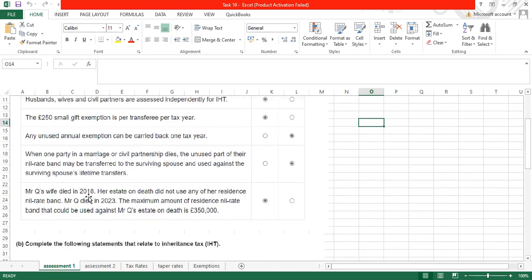Mr. Q's wife died in 2018. Her estate on death did not use any of her resident nil rate band. Now Mr. Q died. The maximum amount of resident nil rate band that could be used against Mr. Q's estate on death is 350,000.